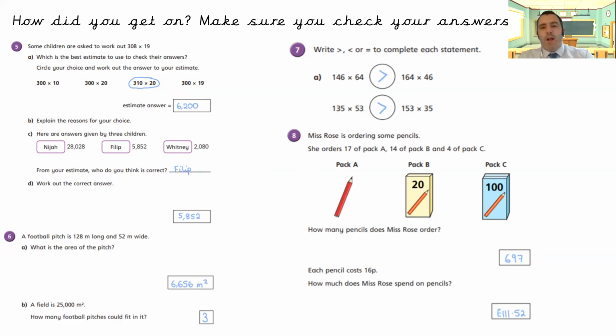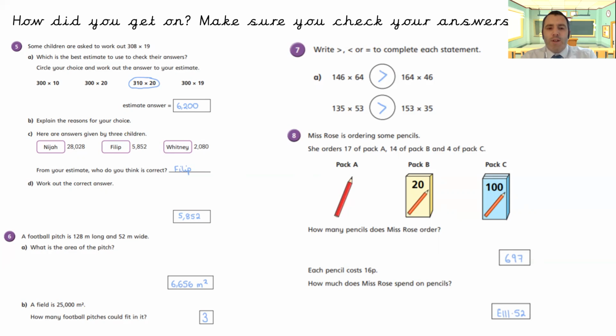How many football pitches could fit into a field that's 25,000 square meters? Now, there's a really difficult way of answering this, and there's a really easy way of answering this. The really difficult way is to try and work out how to divide 25,000 by 6,656. It'll take you a long time, and it's very complicated to do it as a written method. You could do it with a calculator, or you could round and estimate.